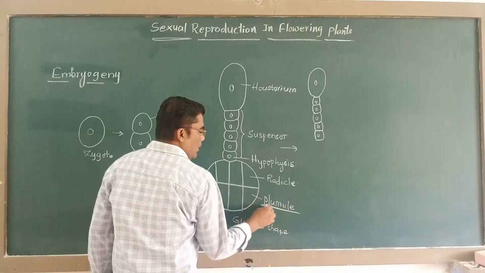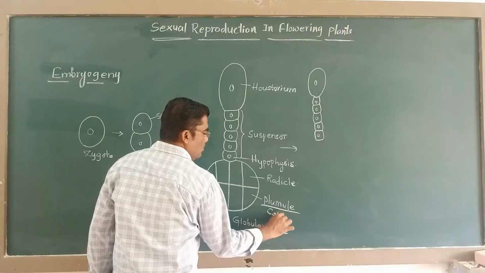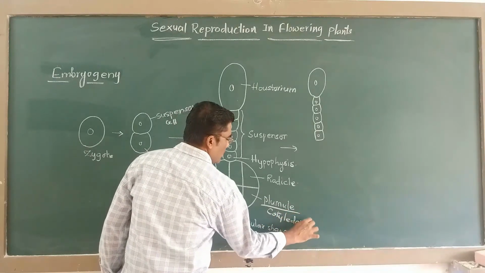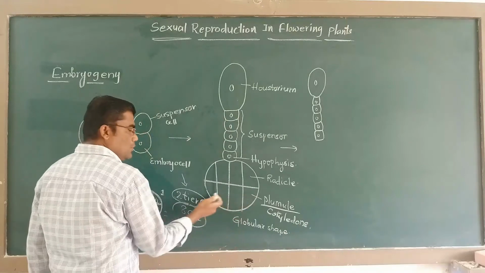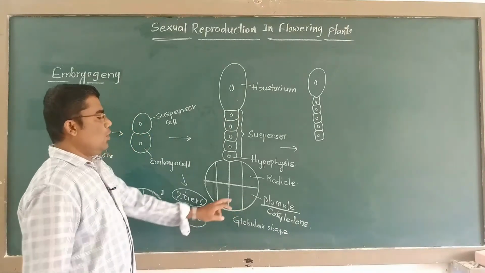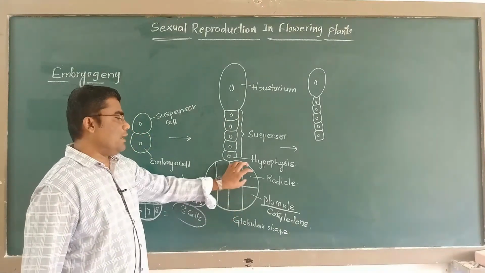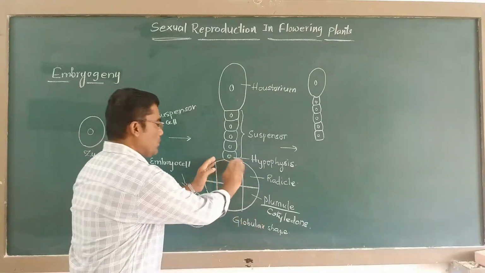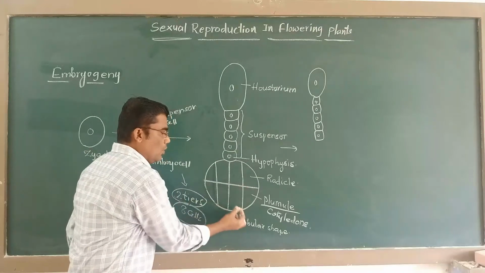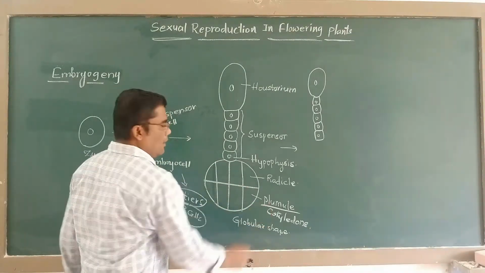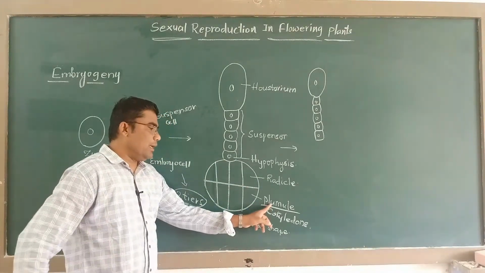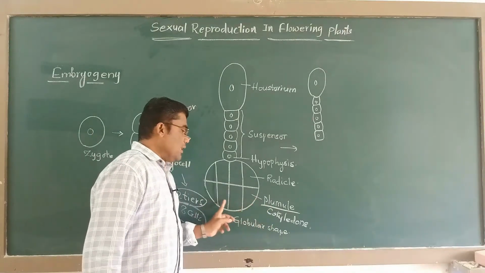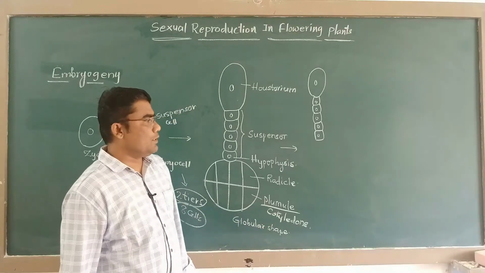Not only the plumule, even cotyledons are also produced by these lower tier cells. The upper tier is helpful for the formation of the radicle, that means the root system is produced by these cells, whereas the lower cells are helpful for the formation of the shoot system. Particularly here I am talking about the plumule, and even these cells are also helpful for the formation of cotyledons.